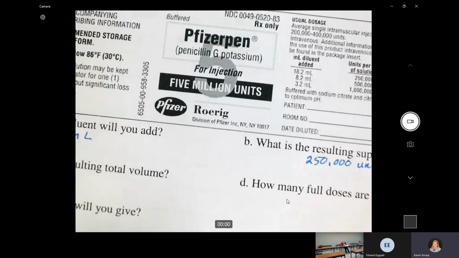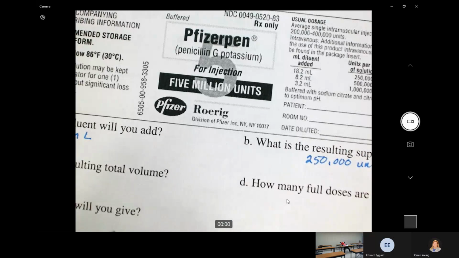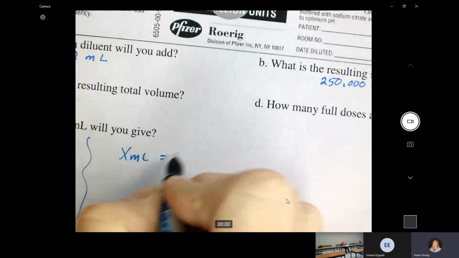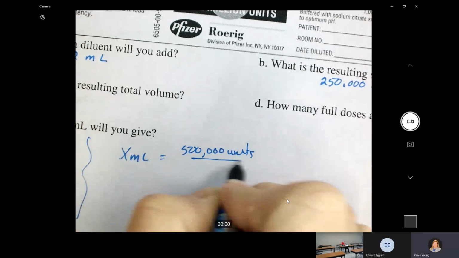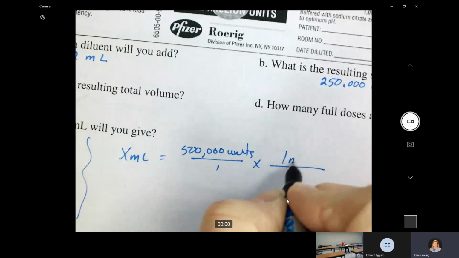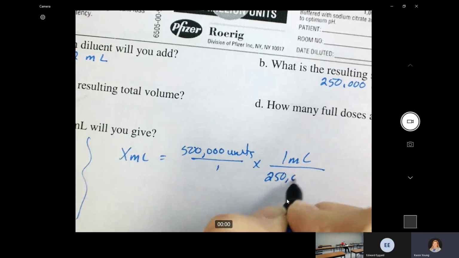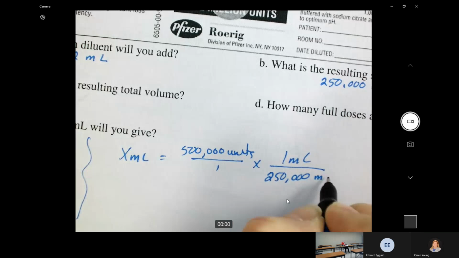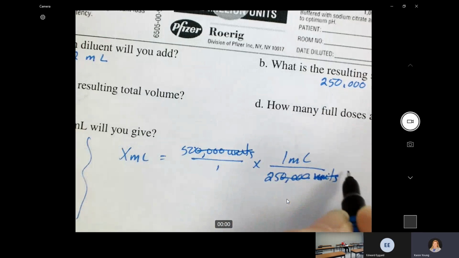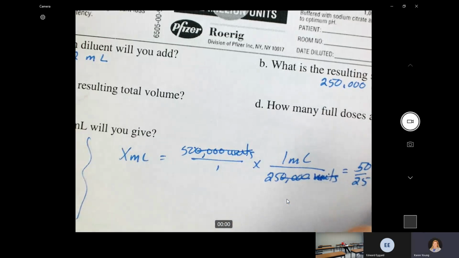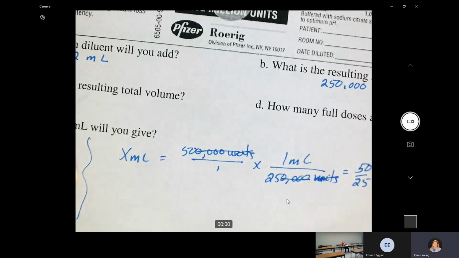So I'm going to give the 500,000 units over 1, and then 1 milliliter over 250,000 units. So the units cancel. I got 4 zeros. I can cancel 4 zeros. So I got 50 over 25, which is 2 milliliters. Okay?